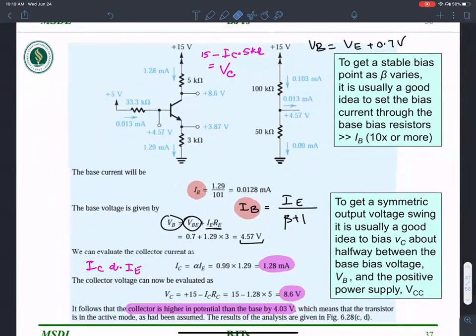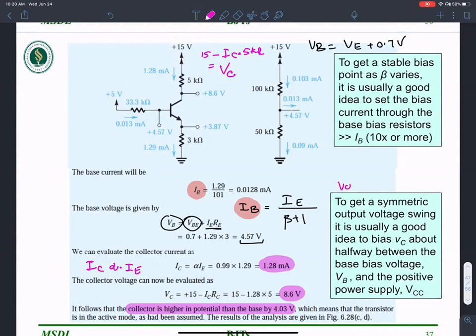To get symmetric output voltage, it's always a good idea to bias VC about halfway between the base bias voltage VB and the positive power supply. So if I have a positive power supply of 15 volts here, and this is going to be 5 volts, you want to make sure that you're biasing VC so there is enough voltage headroom.